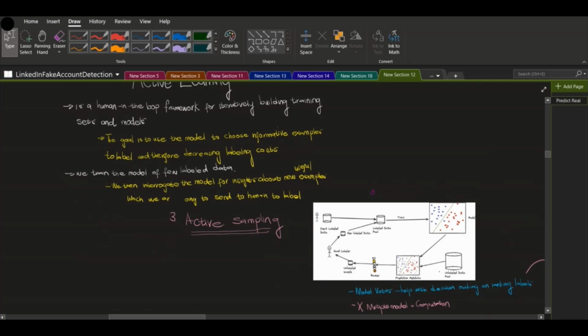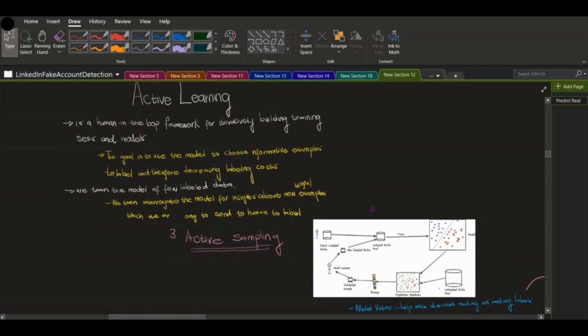So you can think of active learning as a human-in-the-loop framework for iteratively building a training set and models. The goal here is essentially to choose informative examples to label, therefore decreasing the incorrect labels that we have.